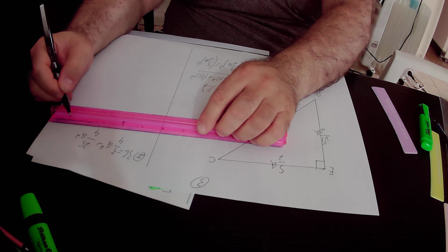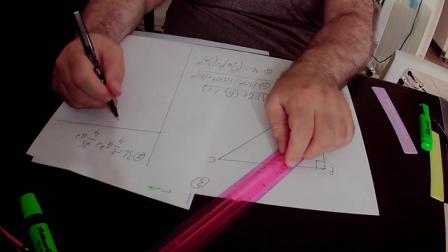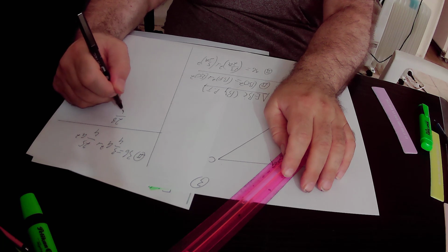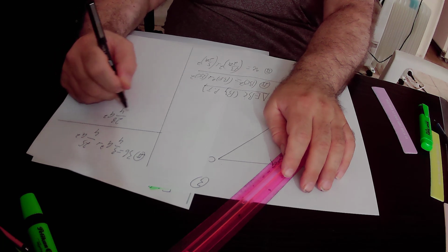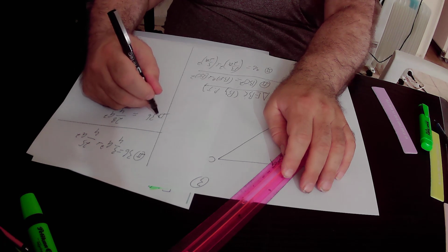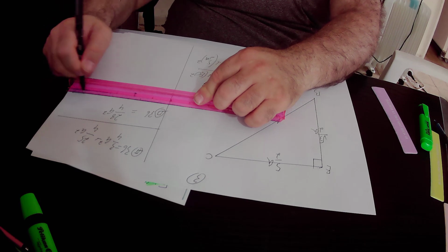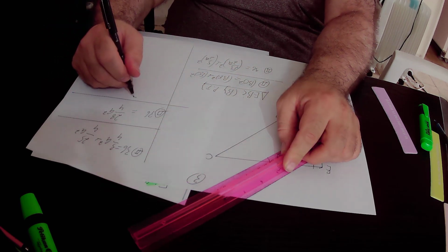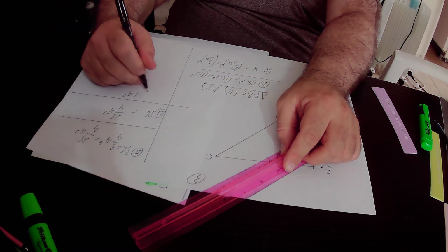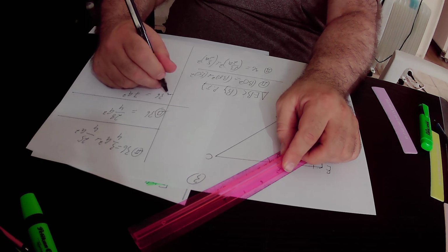So here we have 3 quarters plus 25 quarters is 28 quarters times A squared, of course. That is equal to 36 according to equation number 2. 28 over 4 is 7. So 7A squared equals 36.